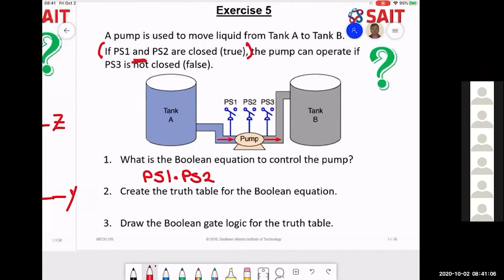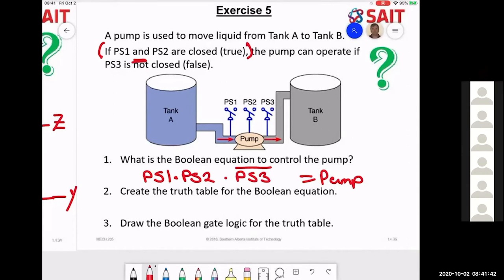That's my output. It will be true if PS3 is not closed. It doesn't say AND or OR, but I'm going to look at that and go, that's definitely an AND, because I've got these first two, and this PS3 has to be not closed. Equals pump. This is my Boolean equation.